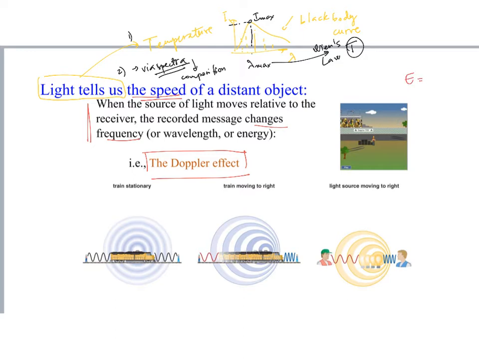Because remember, energy is h times frequency, or h times c over wavelength. They're all related. Once you know the energy, you know the frequency, or you know the wavelength, okay? You only need one and you're going to know the other two.